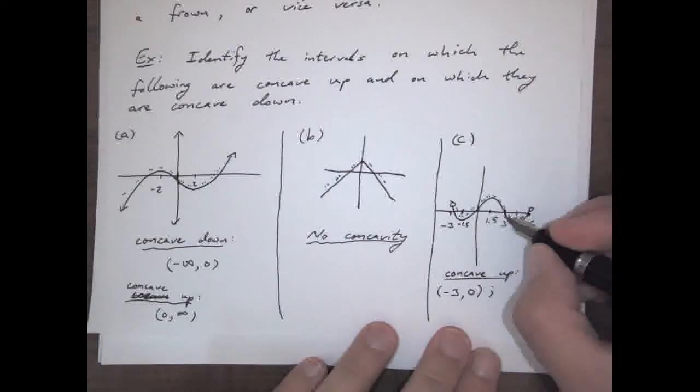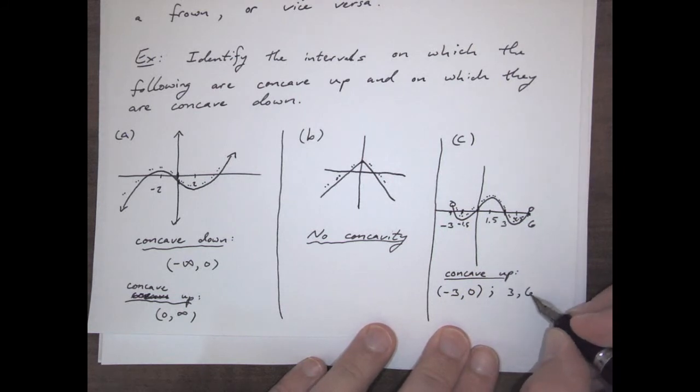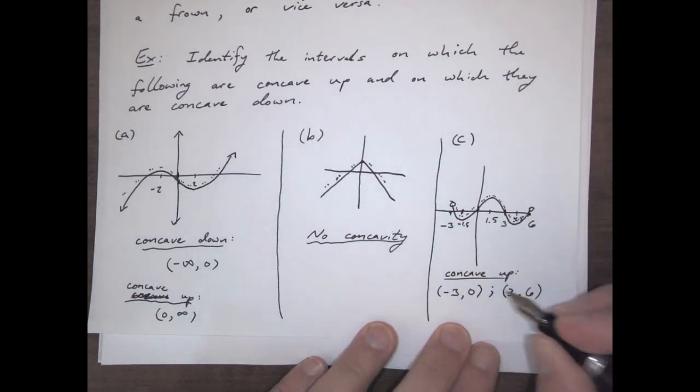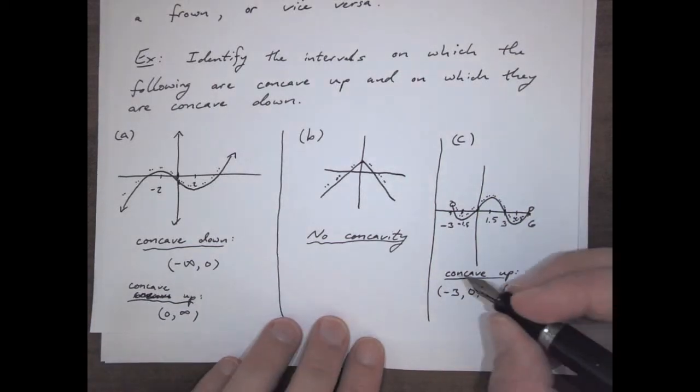And then there is the next interval, which goes from apparently 3 to 6, but not inclusively. And don't use a union in between these, because these are two different intervals. We're just listing them. This is a list of intervals. It shouldn't be considered as a single set.